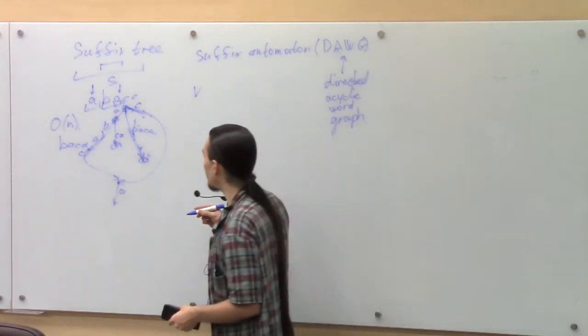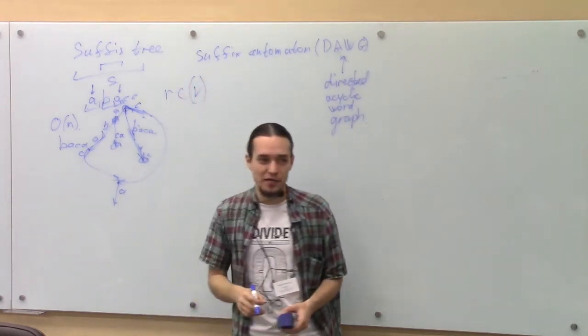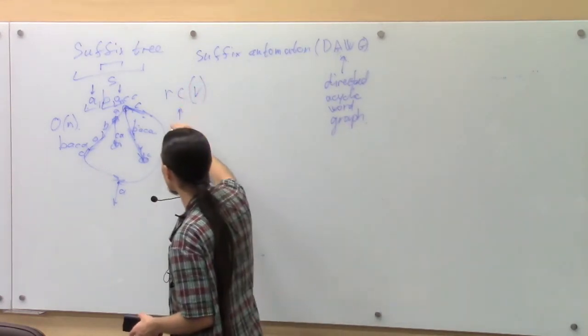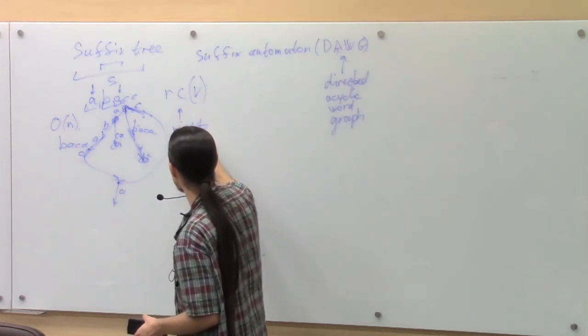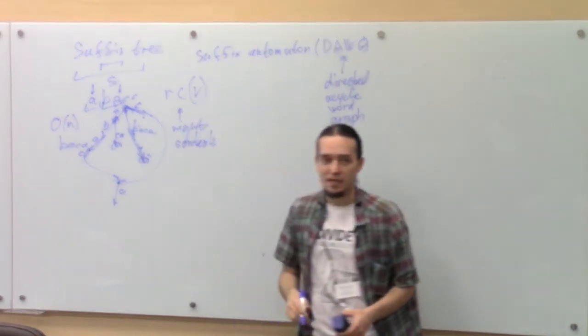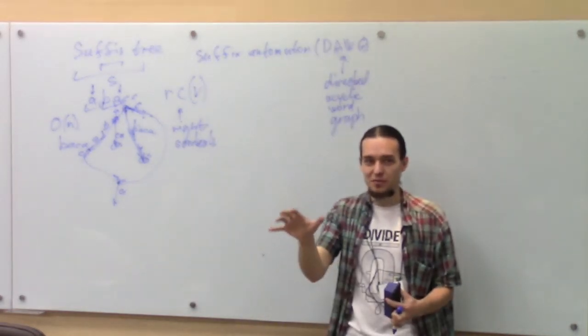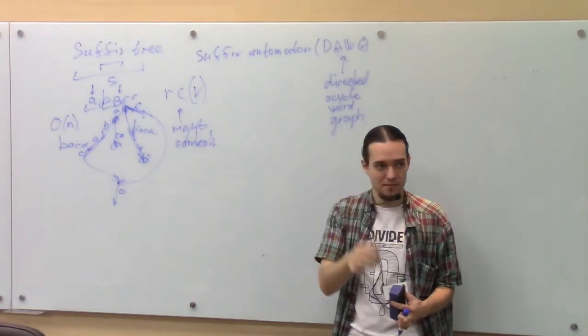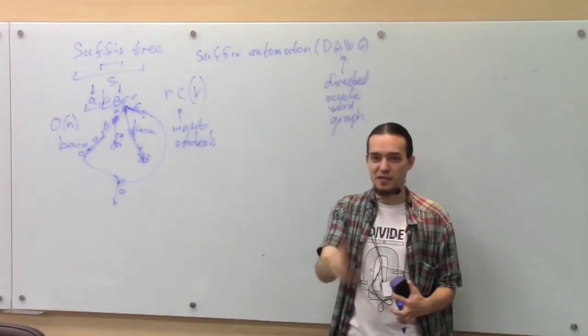We will denote this as the right context. The right context is what can we add to the right so that we arrive at the suffix? Okay, and that's exactly what we mean by how can we continue the string.